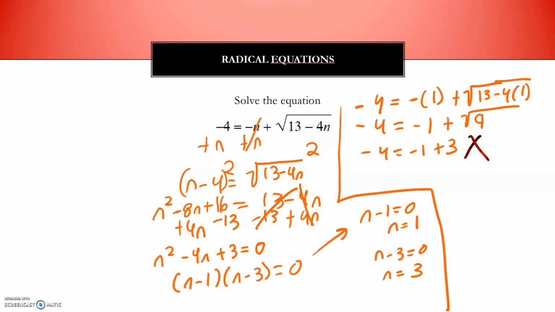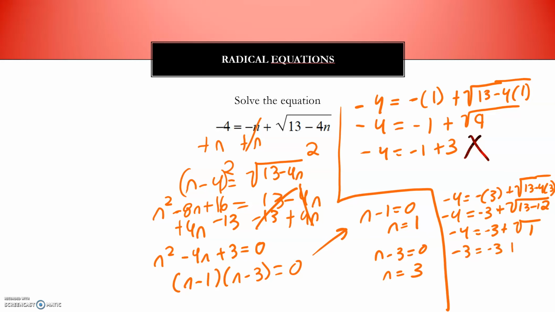Let's do it with the 3. Negative 4 equals negative 3 plus the square root of 13 minus 4 times 3. So I would get negative 4 equals negative 3 plus the square root of 13 minus 12. Negative 4 equals negative 3 plus the square root of 1, which is 1.